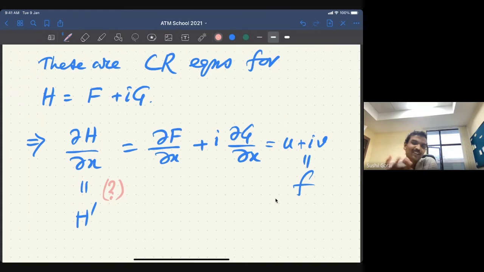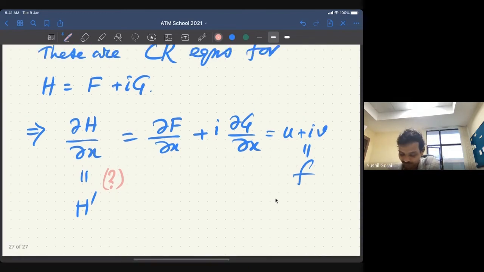Yeah, so you are looking at the horizontal direction only, right? And you are still getting the whole derivative. So that is the importance of the complex derivative. You are looking at just the horizontal direction, and still you are getting the complete thing.